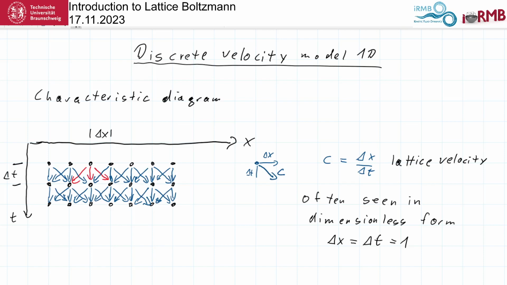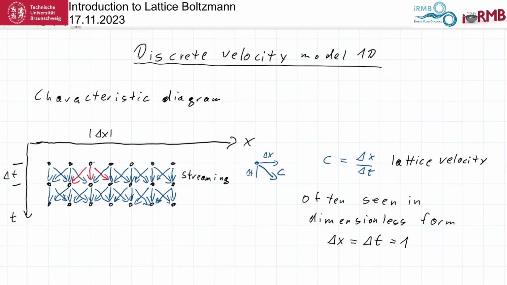Now this diagram shows us the different stages in which our simulation takes place. There are basically two stages. One is the streaming. Streaming is the transport of particles. The streaming is here in between these dots.